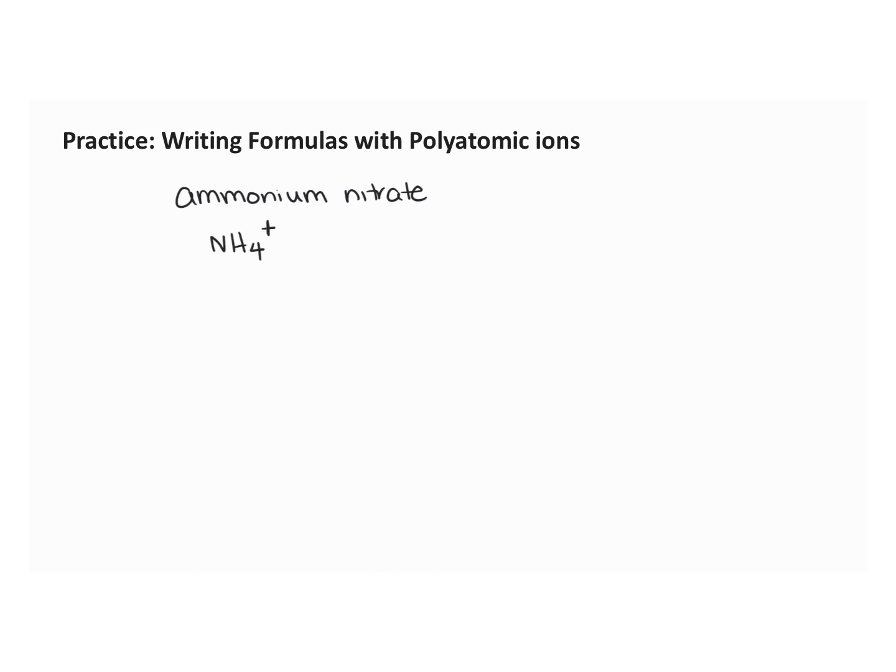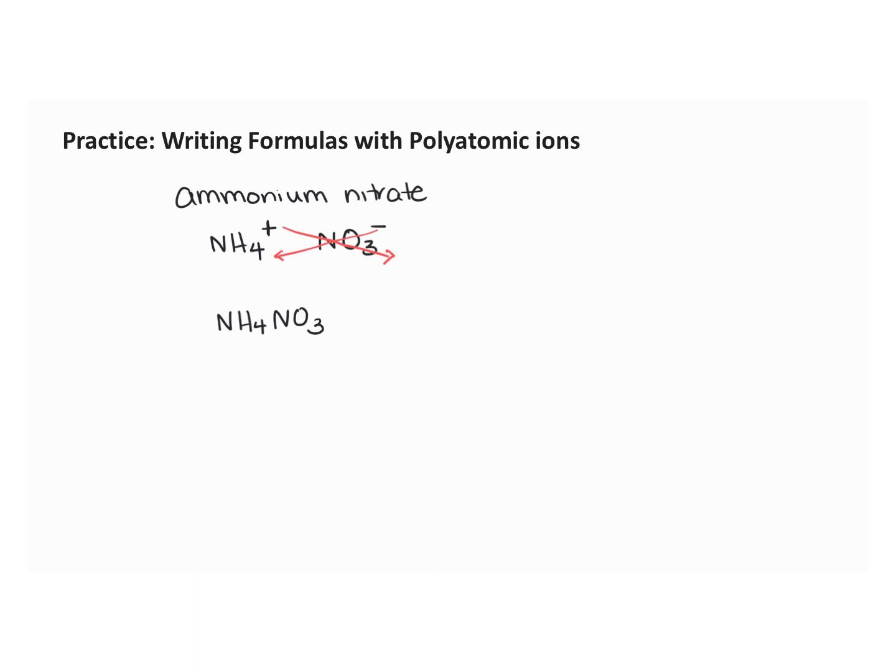It's NH4 plus, and then the nitrate here is NO3 minus. You crisscross these down, and you see that you have NH4NO3. Okay. I want to point out something. This is the exception to ionic complexes being metals and nonmetals. Ammonium is the exception to that.